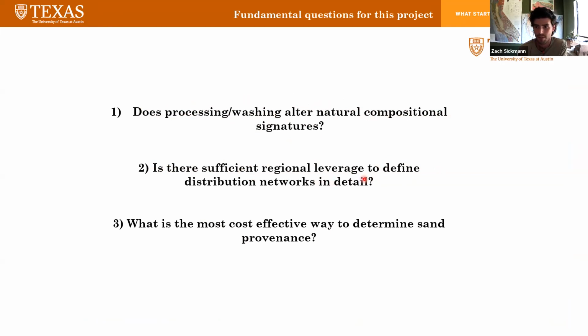Basically, is the sand coming from different mines in different places compositionally distinct enough to use that information to define the supply chain? And finally, can we develop cost-effective ways to determine sand provenance? Because obviously the answer is yes, we can do this, but it's impractical if it's going to cost $1,000 for every sample that you want to run.